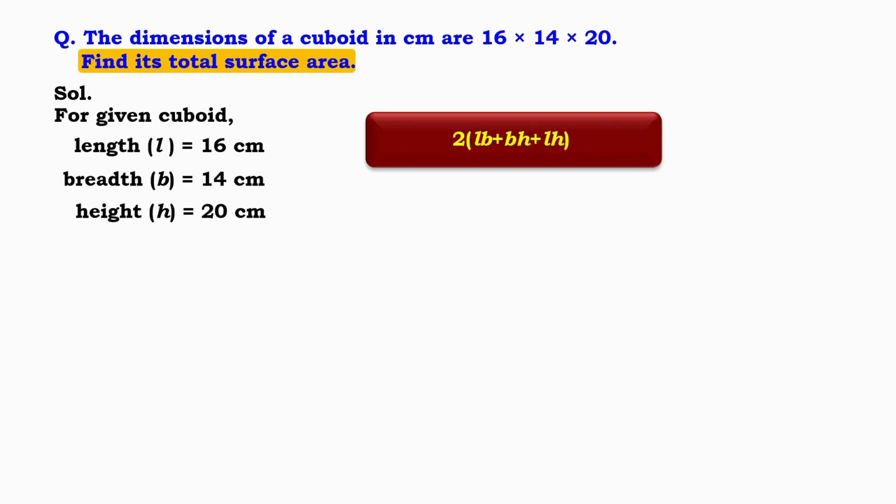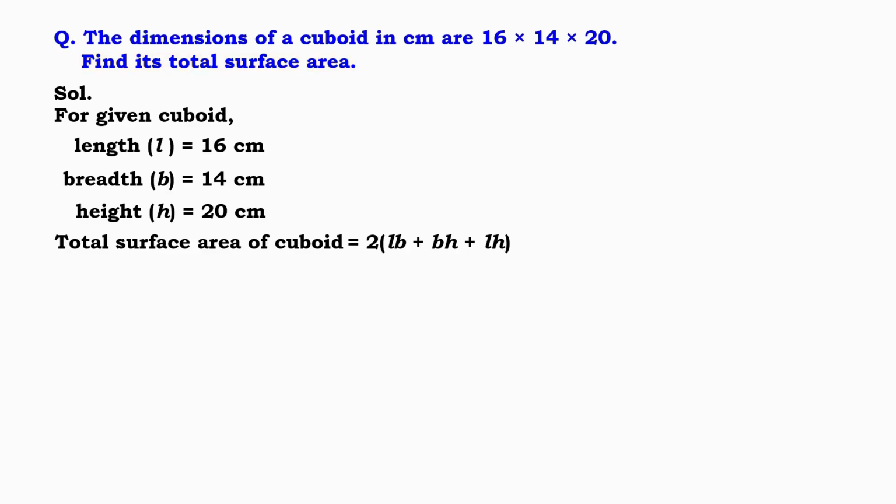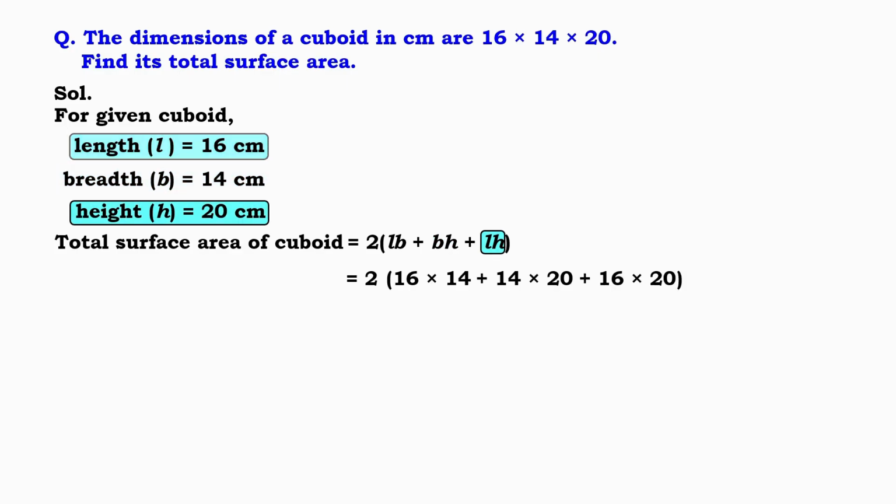So we know that it is 2 into LB plus BH plus LH. Now put the values in the formula. 2 into LB, that is 16 into 14, plus B into H, that is 14 into 20, plus L into H, that is 16 into 20.